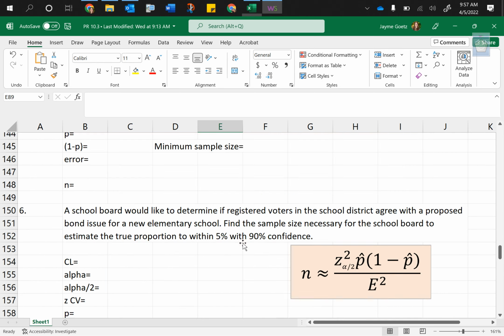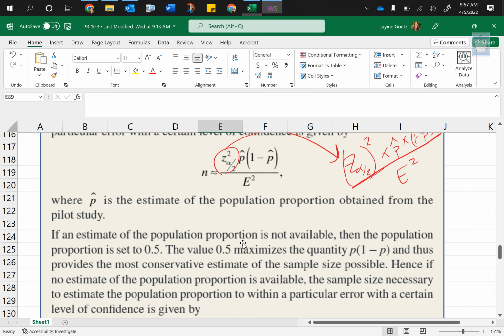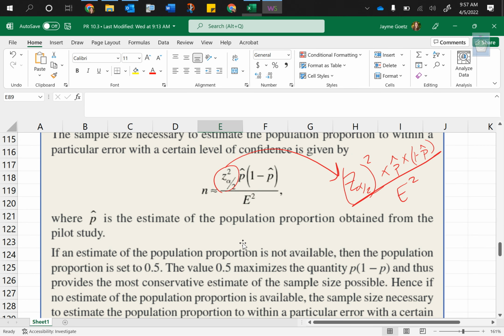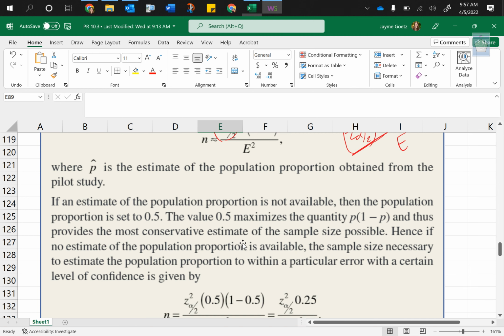Okay? Now, something that's different when it comes to determining a sample size for population proportion, and this is really important: if an estimate of the population proportion is not available, let's say they don't give you an estimate, then the population proportion has to be 0.5.